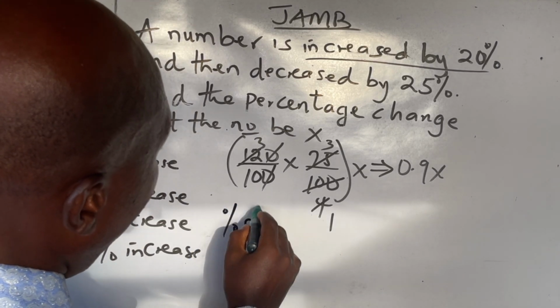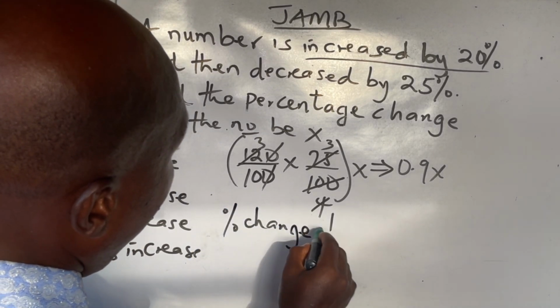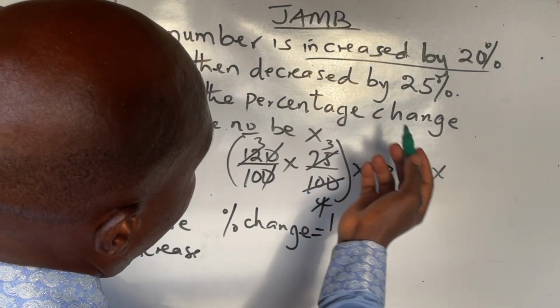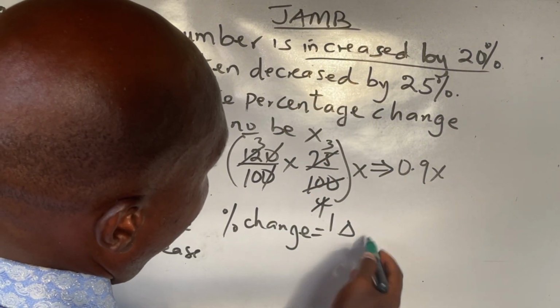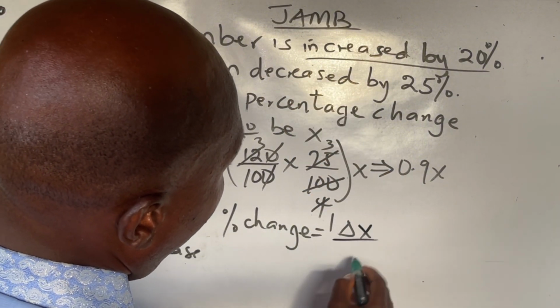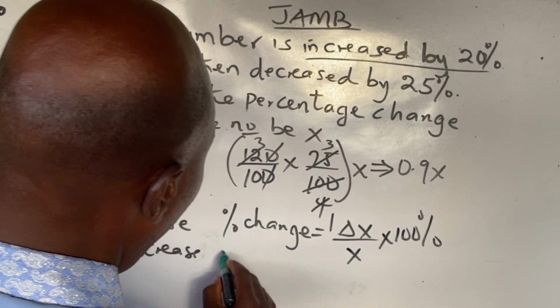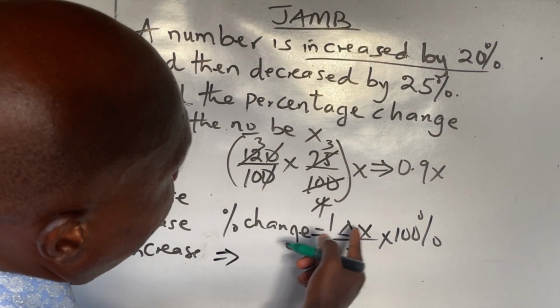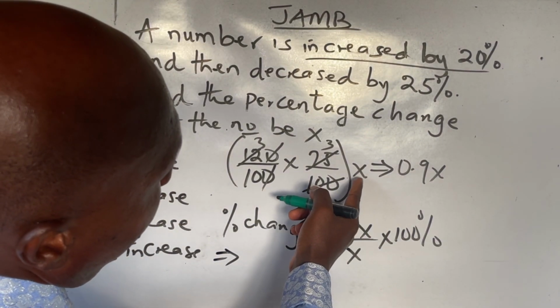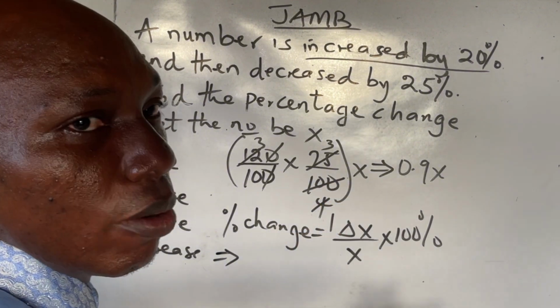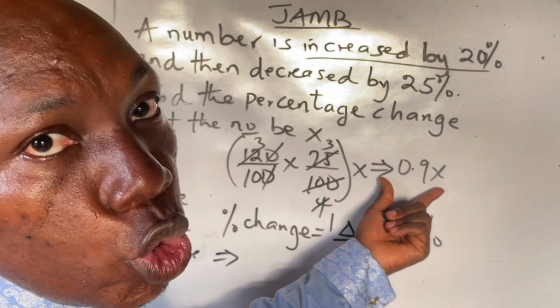The percentage change will be the change in the value of x over x, times 100%. So we will evaluate this very well. This is our original value of x, and the new value here was lower.